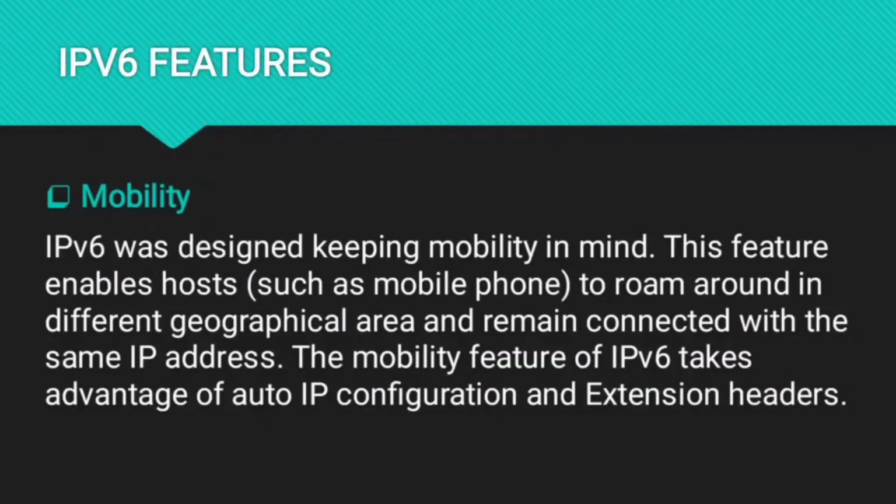Mobility. IPv6 was designed keeping mobility in mind. This feature enables hosts, such as mobile phones, to roam around in different geographical areas and remain connected with the same IP address. The mobility feature of IPv6 takes advantage of auto IP configuration and extension headers.